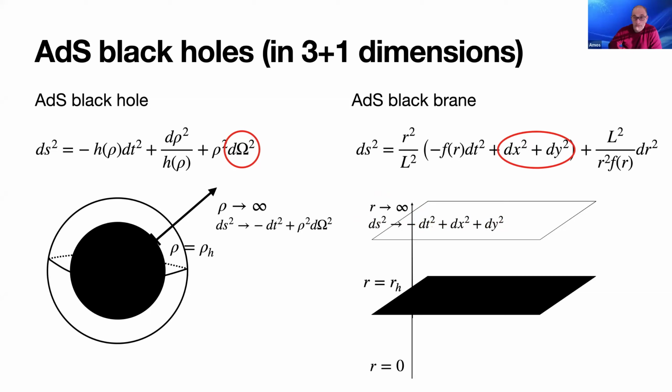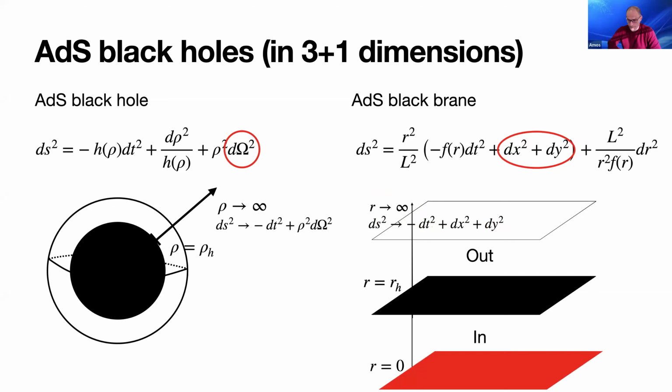So these space-times are just different. They're topologically different. Their behavior is different. If I look at a slice of the event horizon, it's compact when it's a black hole, and it's not when it's a black brane. Here too, though, I have an outside. Whatever's between infinity and the event horizon is the outside, and there's an inside, and there's a singularity.